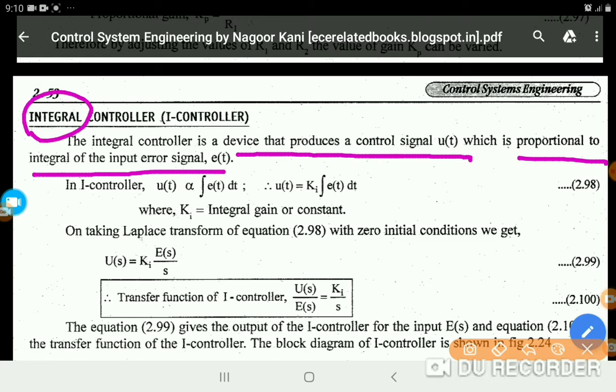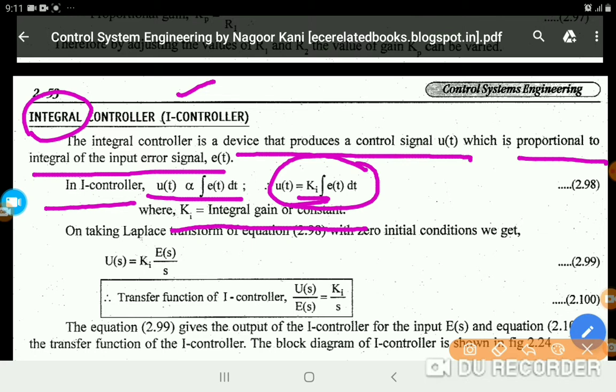That's why we call it an I controller. So in an I controller, u of t is proportional to integral e of t dt. Make a proportionality constant Ki. So Ki is an integral gain constant.